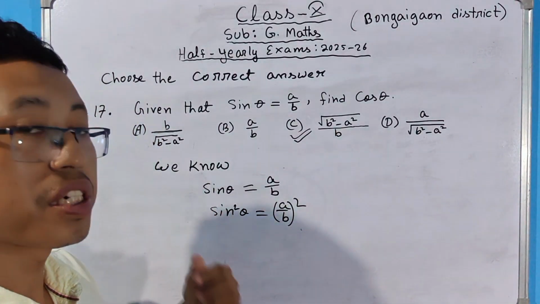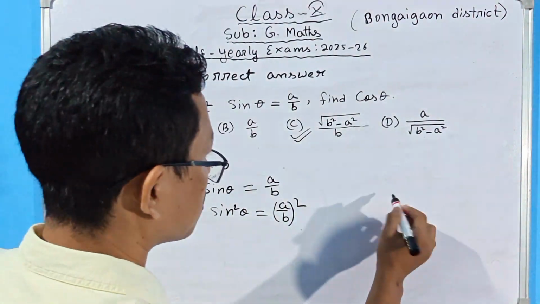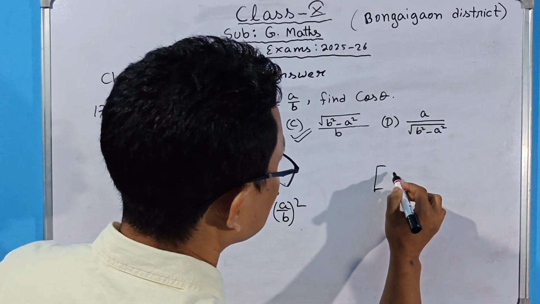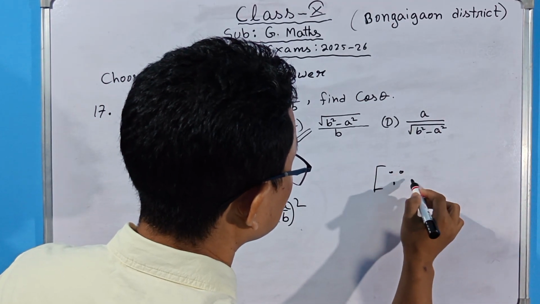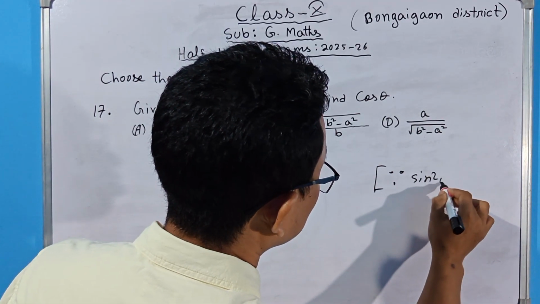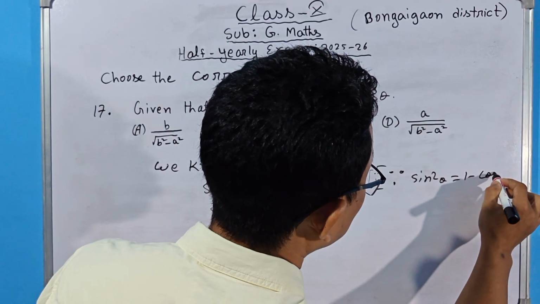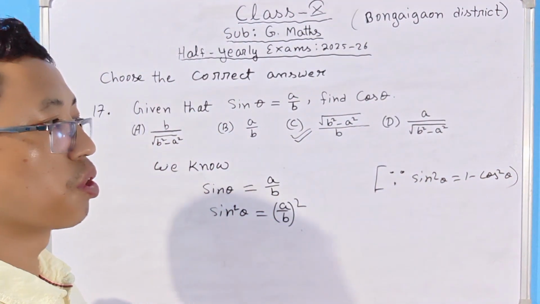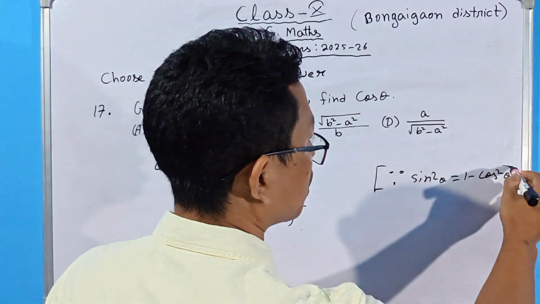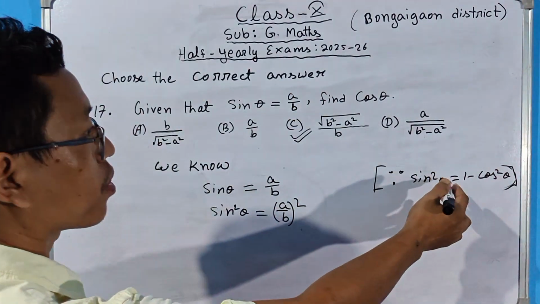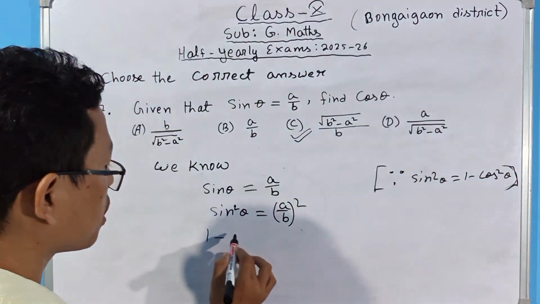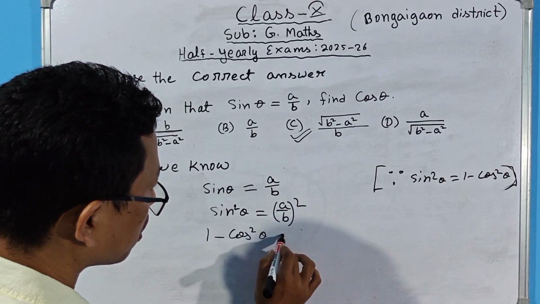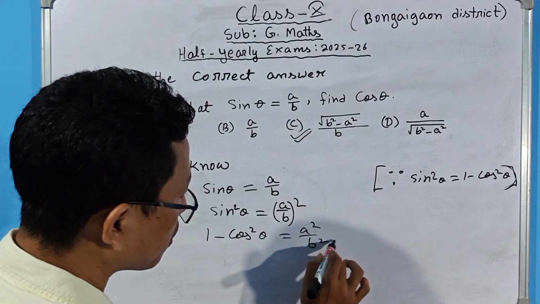Then in place of sin square theta we can write, since sin square theta equals 1 minus cos square theta, 1 minus cos square theta equals a square by b square.